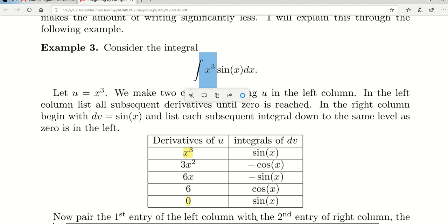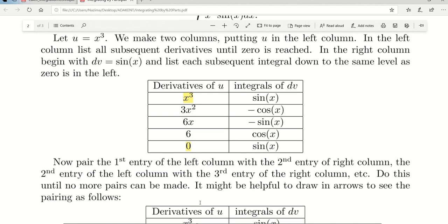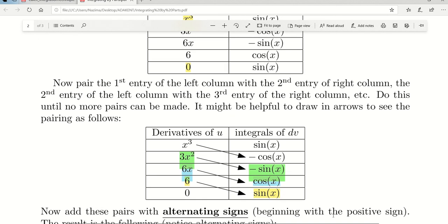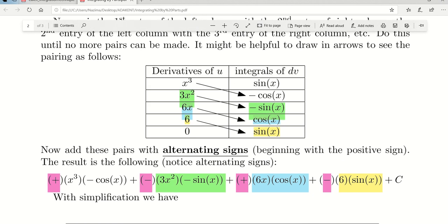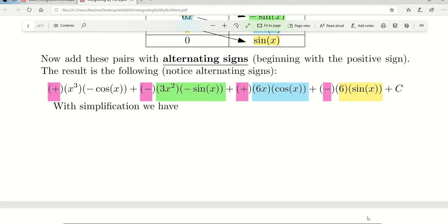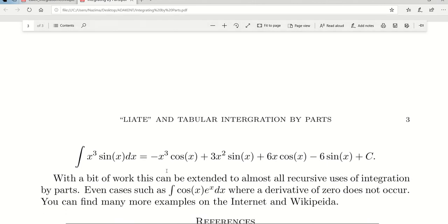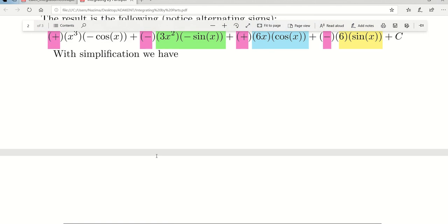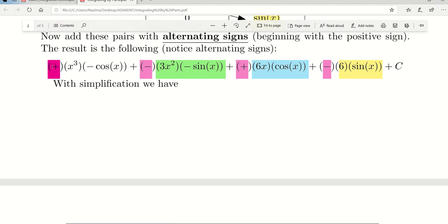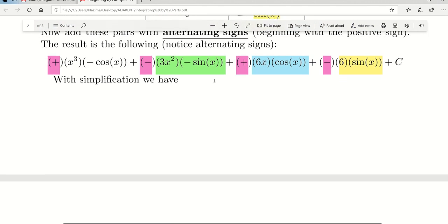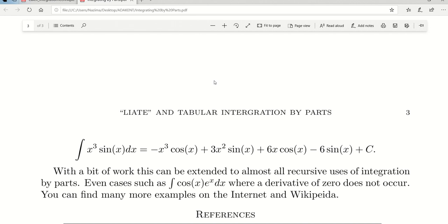We take integral, so we don't stop taking integral until this is 0 here, and then we cross multiply, and we put plus minus, and this is our solution. And simplifying, by which I mean multiplying these pluses, minuses, and all the other stuff, we get this answer.